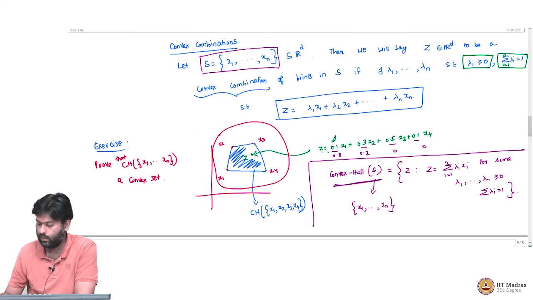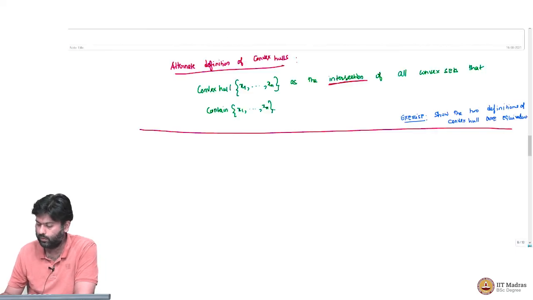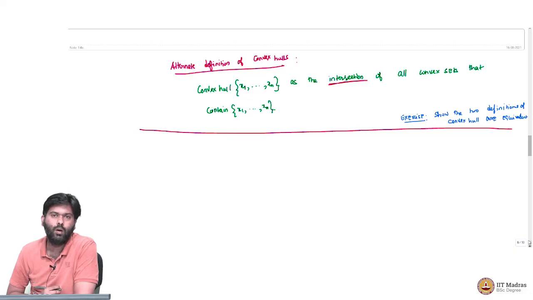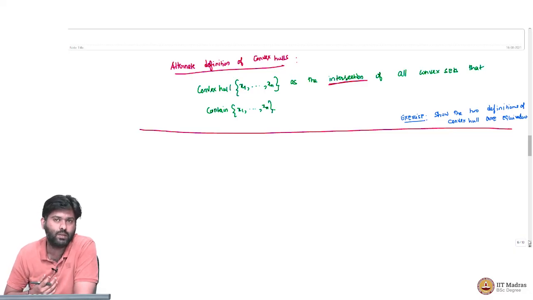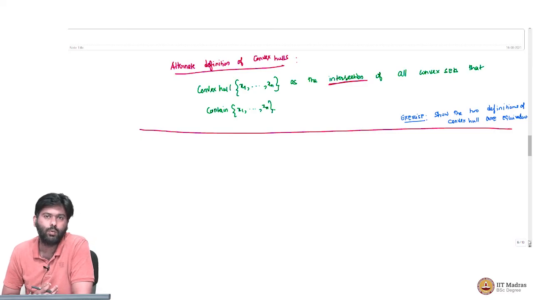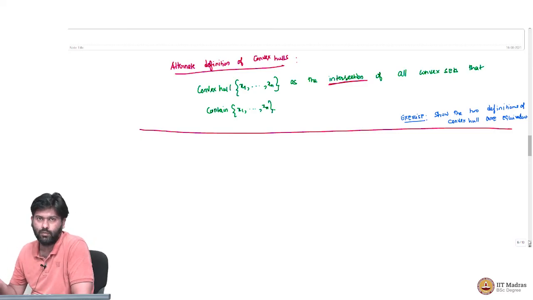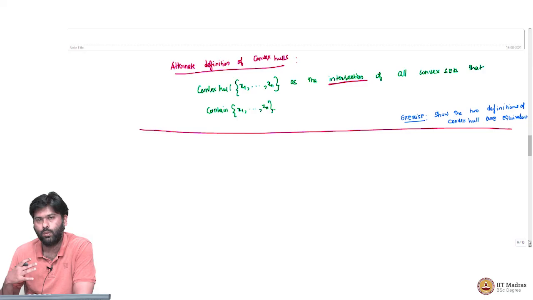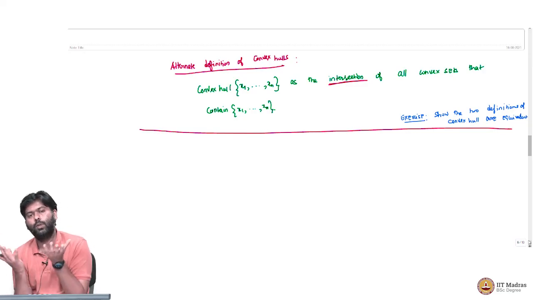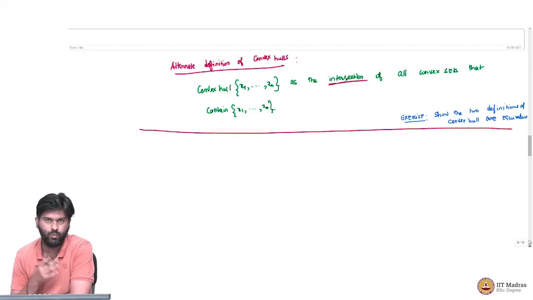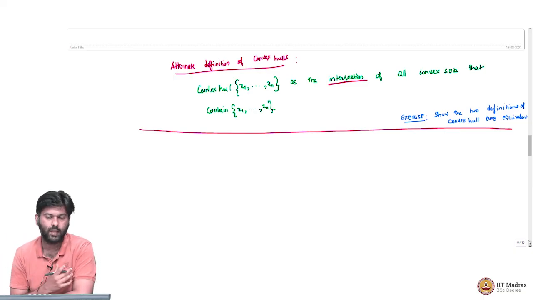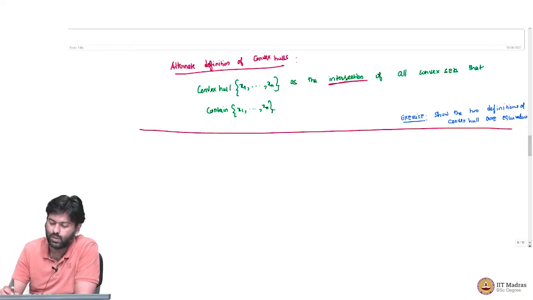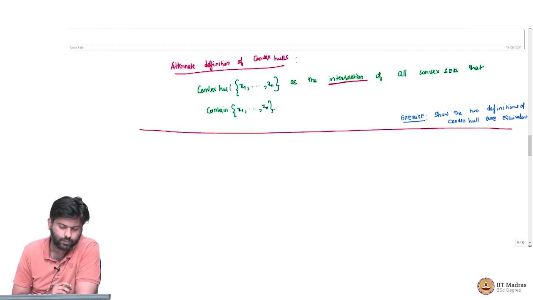So how do you show two definitions are equivalent? Well, you take a point which satisfies the first definition and argue that it should also satisfy the second definition, and you do the other way also. So that is one way to show that two sets are exactly the same. If one is contained in the other and the other is contained in the first, then these two sets are exactly the same. So that may be one way to show this, but I will let you think about this. So this is an exercise.